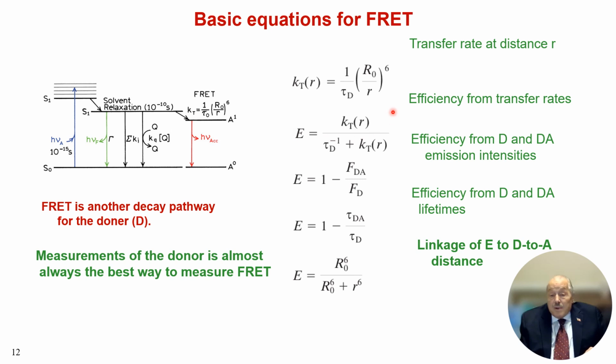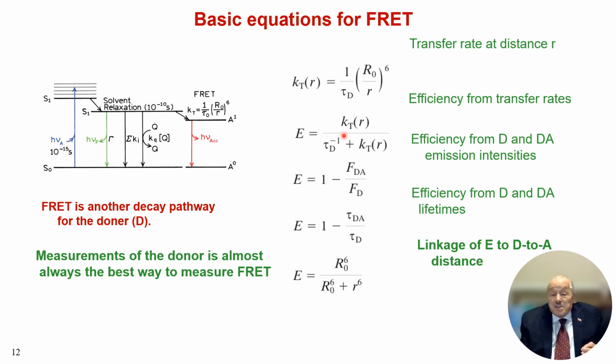So we had our equation for the transfer rate. You can also put it in terms of the rates, the way we calculated this for quantum yields. You might remember for quantum yields, we had the rate of emission divided by the rate of emission plus the rate of non-radiative decay. But here it's essentially the same thing.